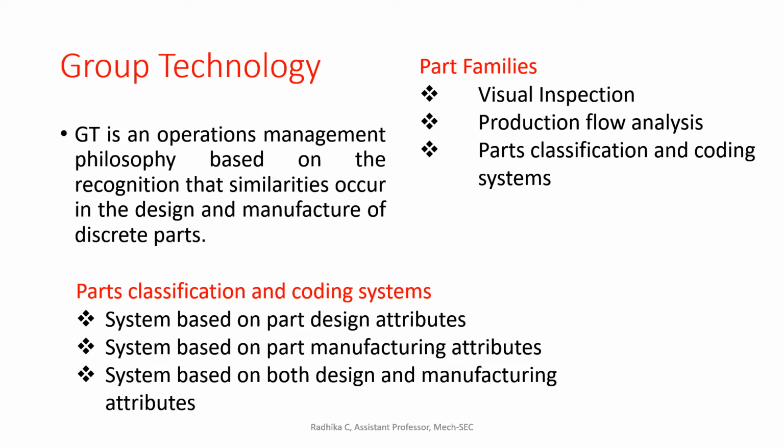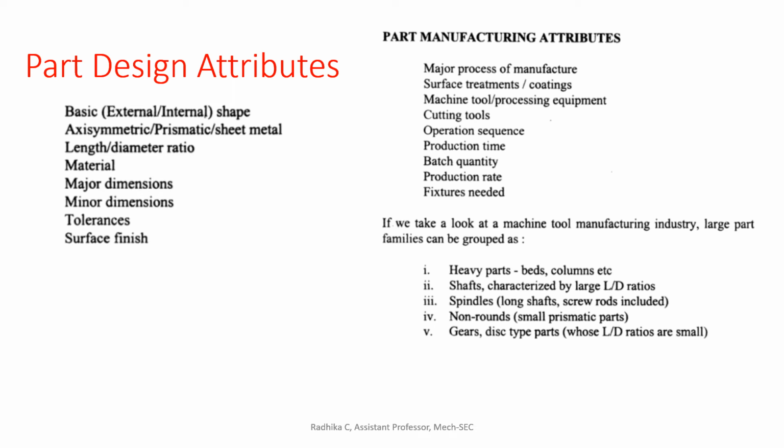The types of design and manufacturing attributes typically included in classification schemes are as follows. The part design attributes are basic shape, asymmetric, length to diameter ratio, material, major and minor dimensions, tolerance, and surface finish.